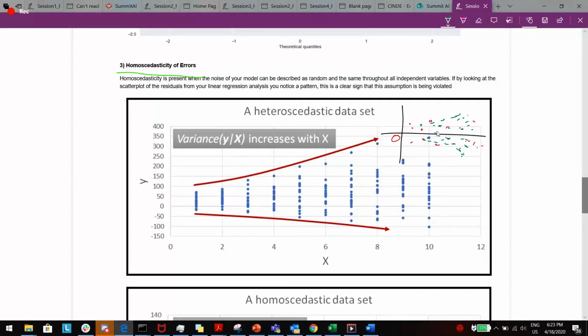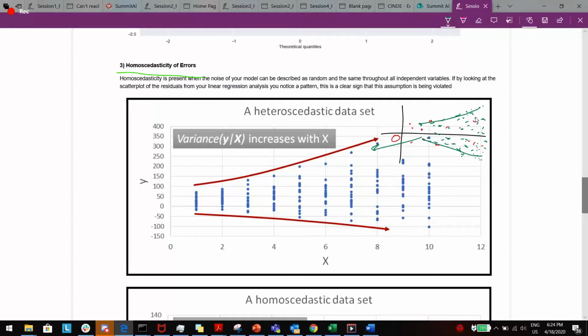there is an obvious concern that as my x is increasing, there is some kind of trend which says my errors in y are also spreading like this, as we are seeing in this kind of figure. So that is what is called heteroscedasticity.